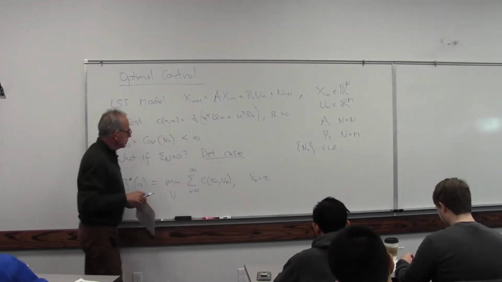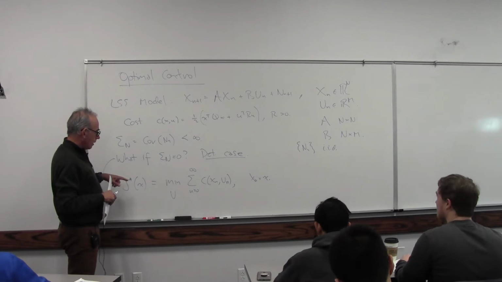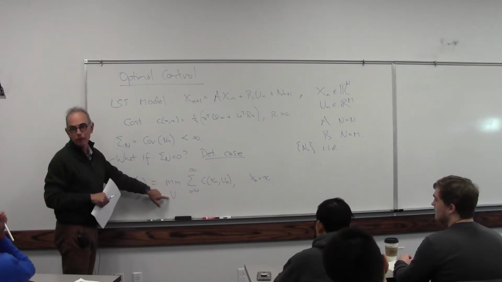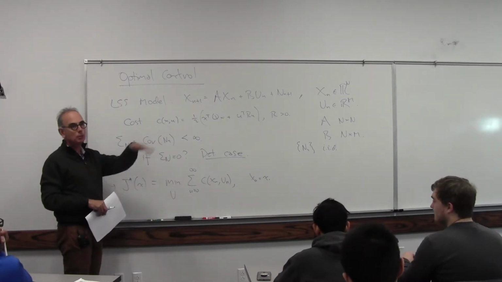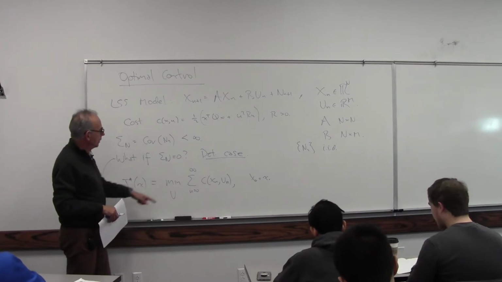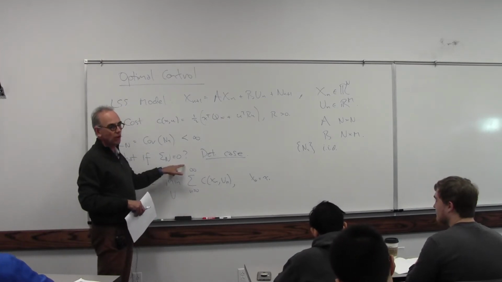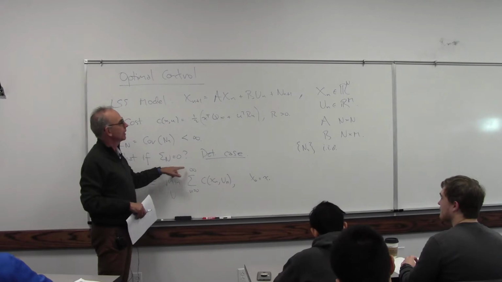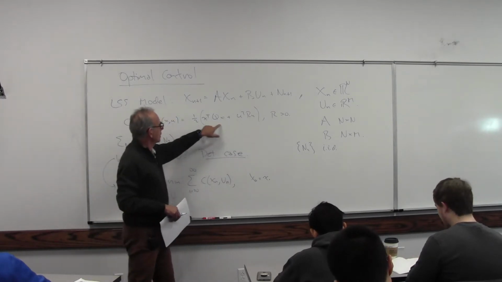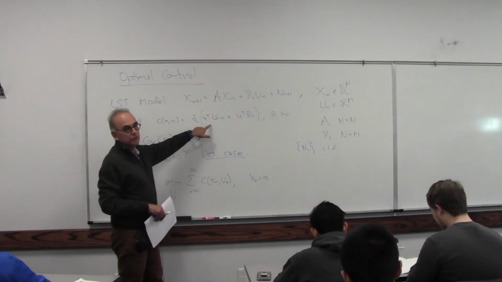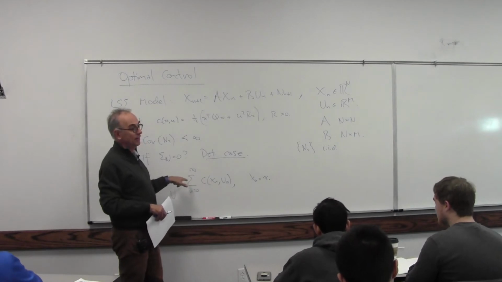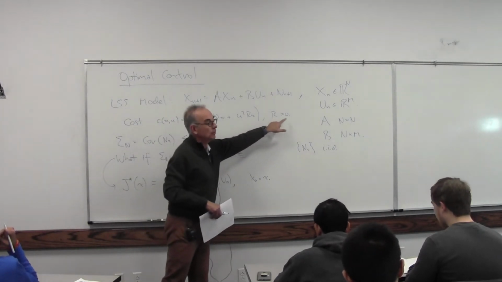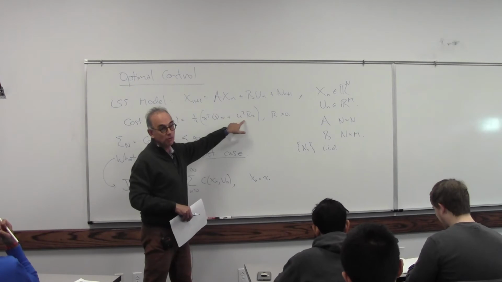Okay, so by writing minimum of u in this abstract way, I mean I'm taking the minimum over all sequences of inputs. And here I'm looking at the sum, the total cost over the entire time horizon. And so this is a quadratic function of x and u. And so for this to be finite, given the fact that R is positive, the input's going to have to go to 0.